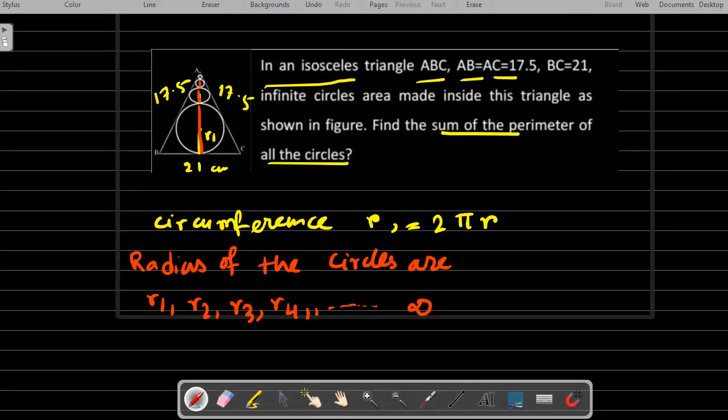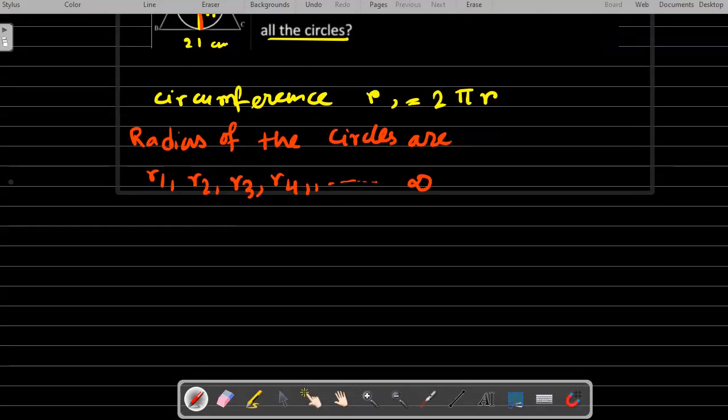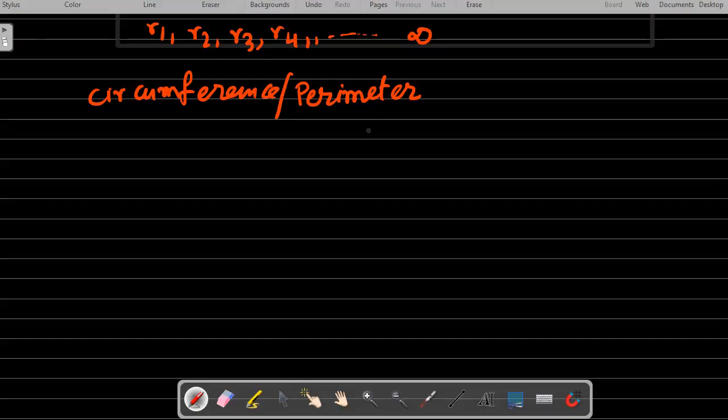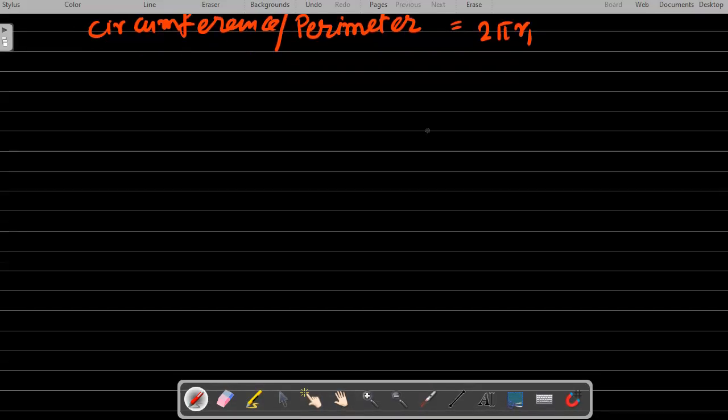Now what is the circumference or perimeter of the first circle? The circumference or perimeter of the first circle is equal to 2 pi r1. The second circle is equal to 2 pi r2, and like that.